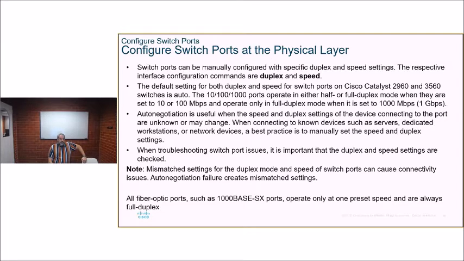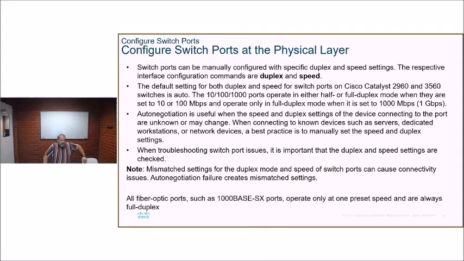Auto-negotiation is useful when the speed and duplex settings of the device connecting to the port are unknown or may change. When connected to known devices such as servers, dedicated workstations, network devices, the best practice is to manually set the speed and duplex. When troubleshooting switch port issues, it is important that duplex and speed settings are checked. Mismatched settings for the duplex mode and speed of switches can cause connectivity issues. Auto-negotiation failure creates mismatched settings.